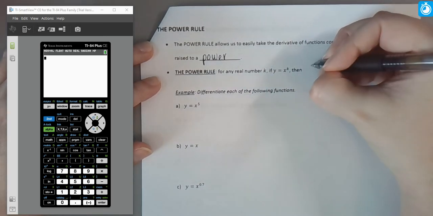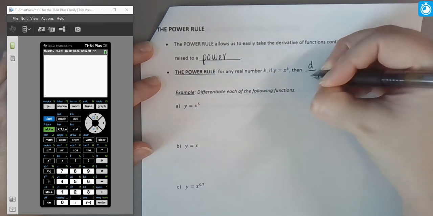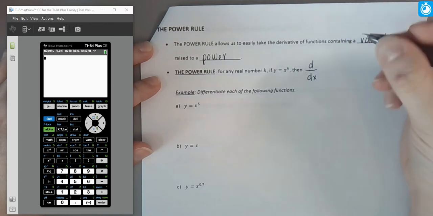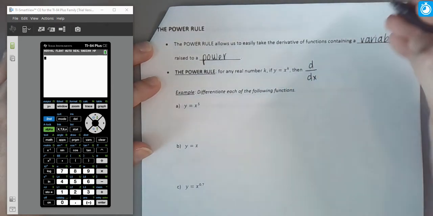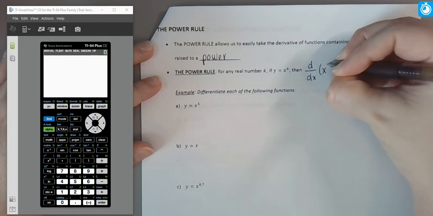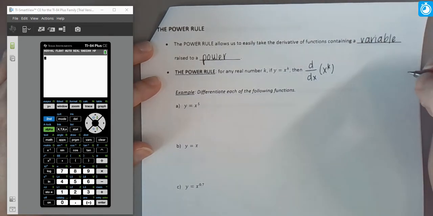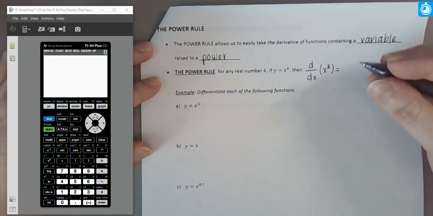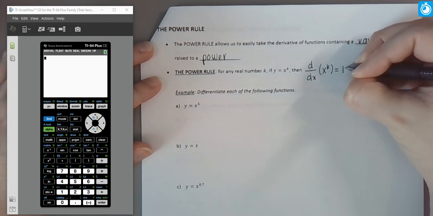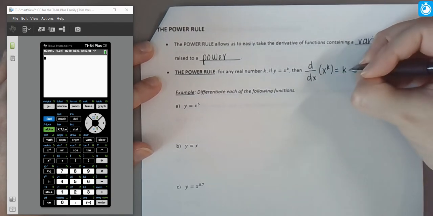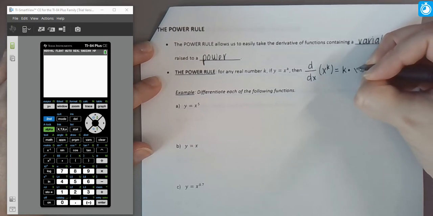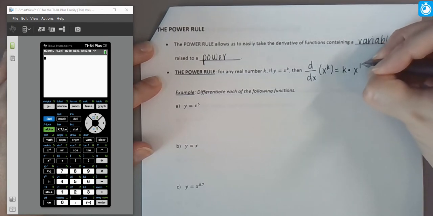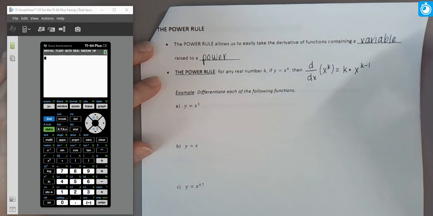Here's the rule. If we want to take the derivative with respect to the variable x, treating x as our input, of this function, x to the k power, then here is the rule. The derivative is defined as k, the constant k, times x raised to the power of k minus 1.